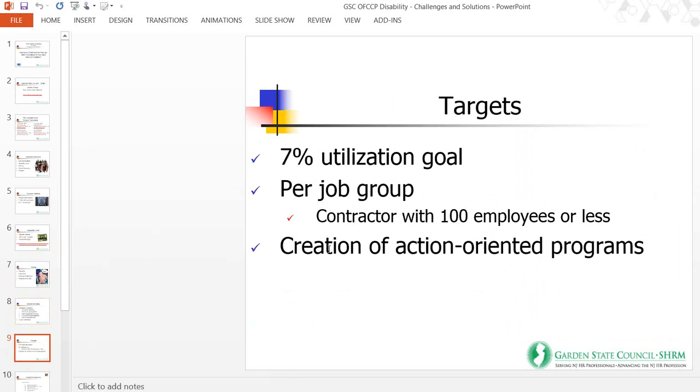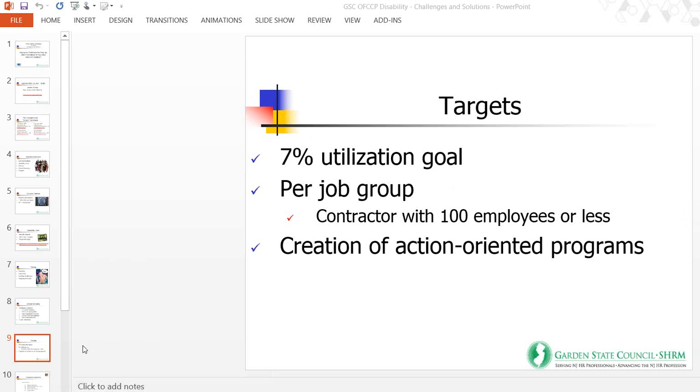Now, the interesting part is the regs also go on to say that the 7% isn't rigid and inflexible. In fact, they're not suggesting that it's a quota because quotas are expressly forbidden. However, they're still trying to increase the percentage within each area. And so it becomes somewhat challenging for organizations because, while certainly these individuals who could identify in this category are valuable members of any organization, as we touched on earlier, it's quite possible that many may not want to self-identify.